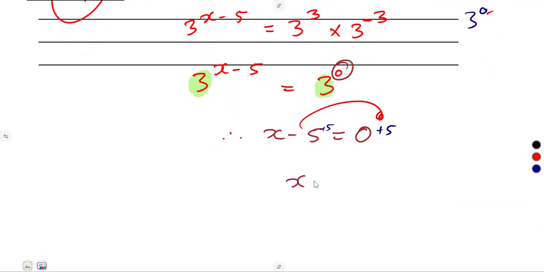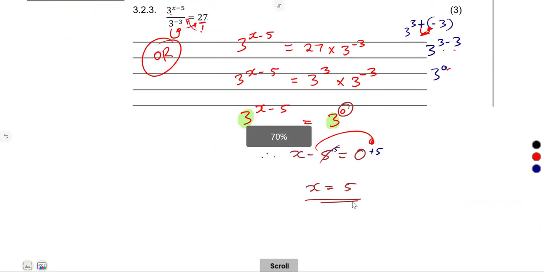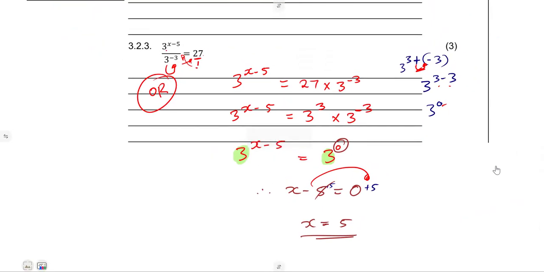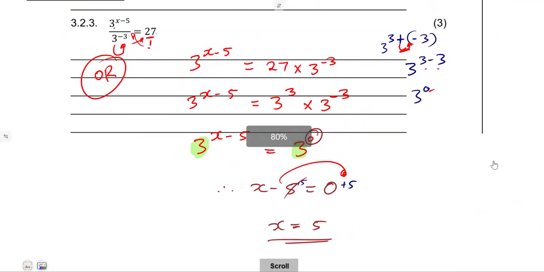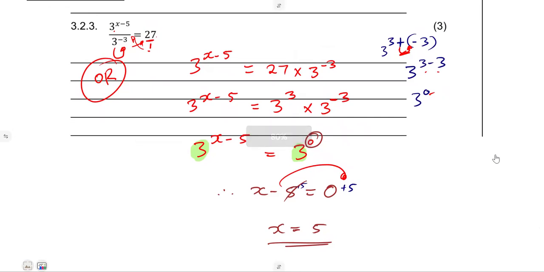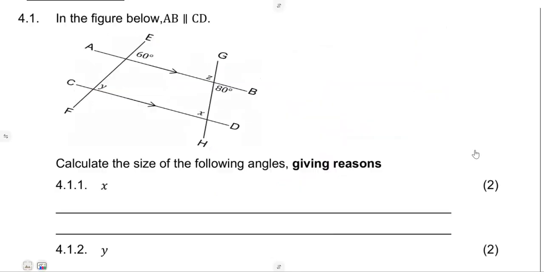That's x is equal to 0 plus 5, which is 5. Same answer as before. Meaning to say there are so many ways of attempting these questions. Do revise as many questions, and figure out how to attempt.